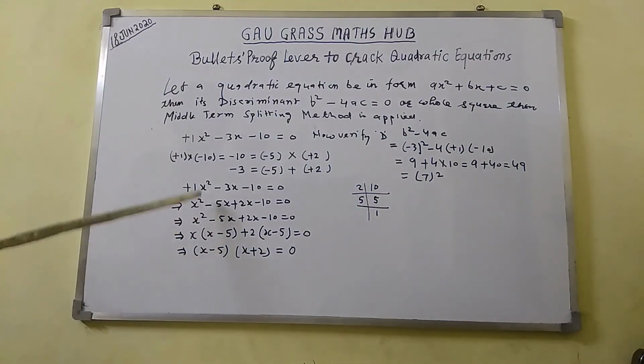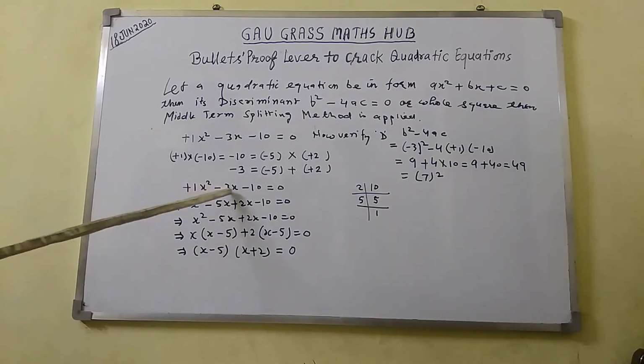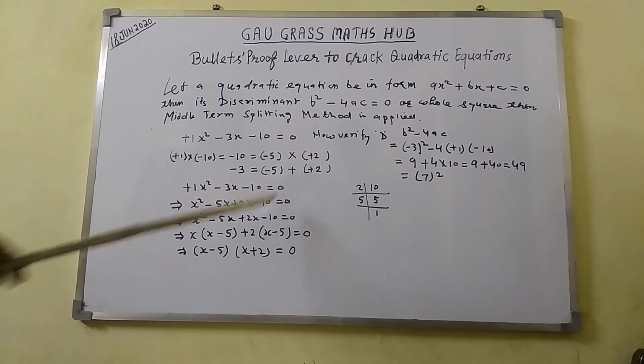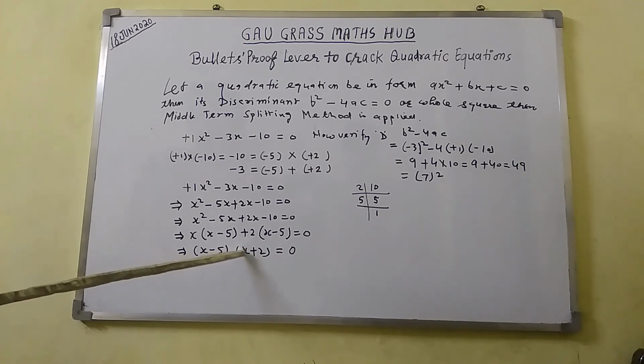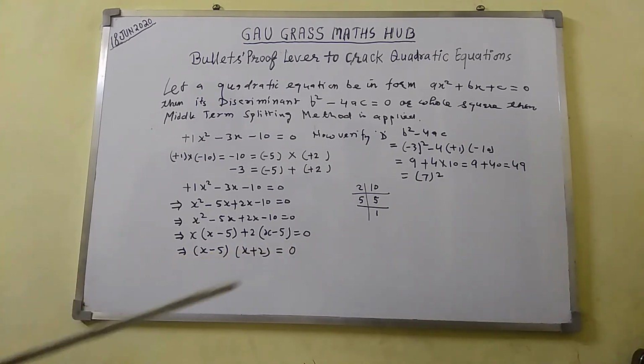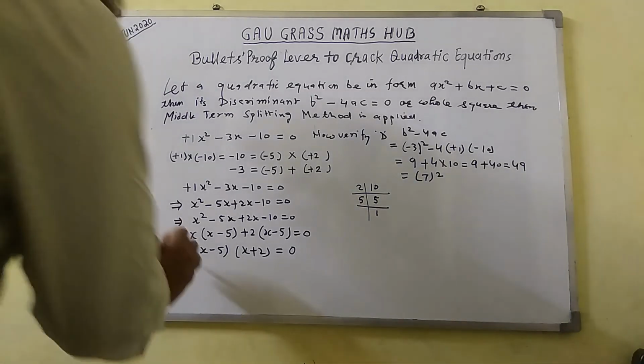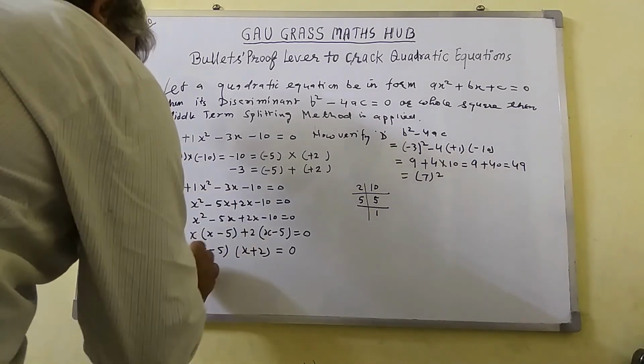Guys, this is the factorization of the quadratic equation x square minus 3x minus 10 equal to 0. The factors will be x minus 5 and x plus 2 equal to 0. Now comes the value of zeros. You can take the value of zeros from here.